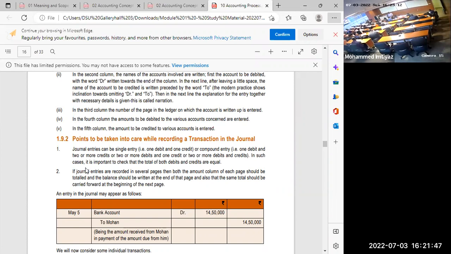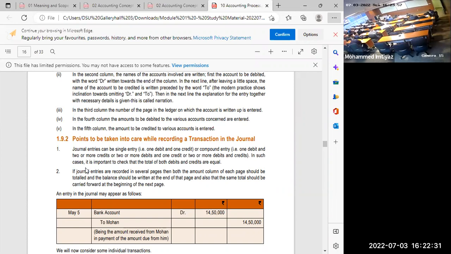Next. Received a check for rupees 2,45,000 from Vikram and Co. In full settlement of rupees 2,50,000.